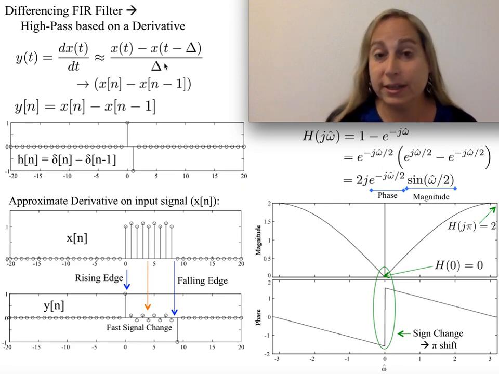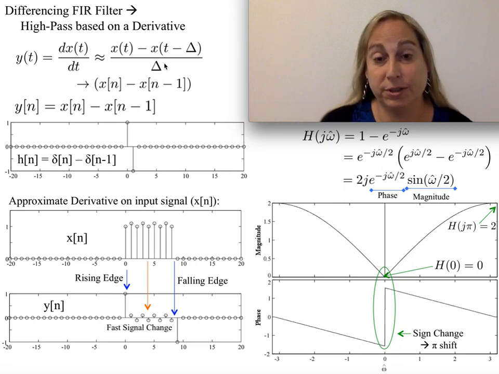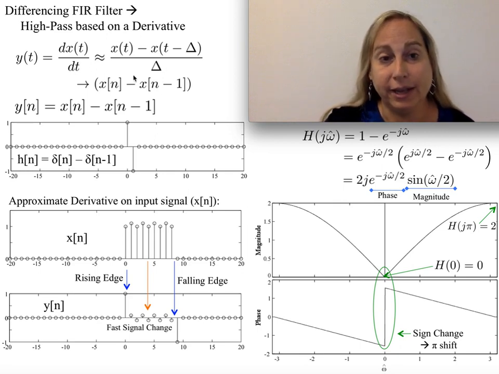Well, if I'm looking at a sampling and delta is the distance between my two samples, which is as small as I can get if I'm trying to do a derivative approximation on a sampled system, well, okay then, that's going to be just 1, and so I get x of n minus x of n minus 1. So this is the kind of difference I get.